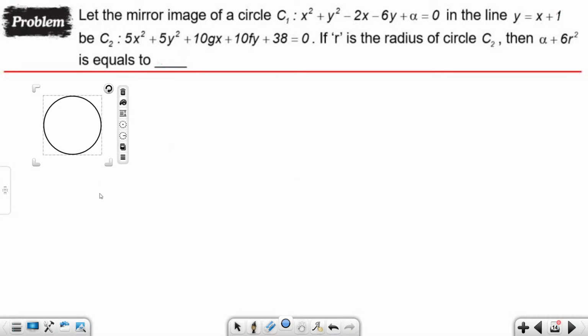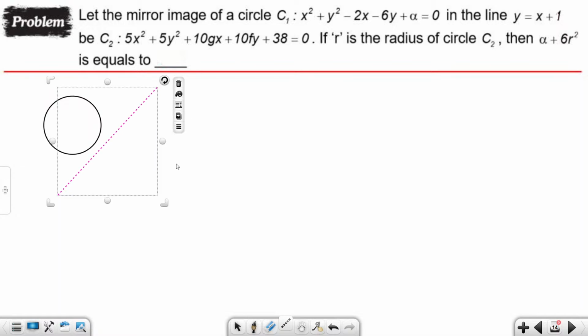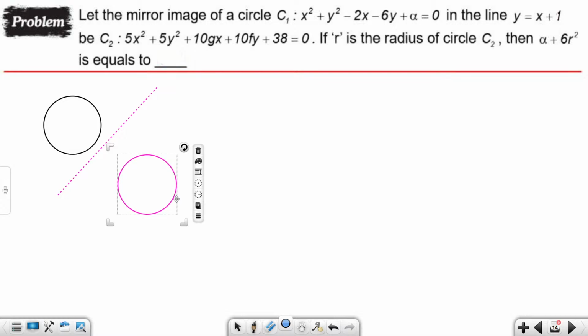Now I want to find out the image of this circle with respect to a line, given y is equals to x plus 1. So let us say the image of this circle will be somewhere here. This is the image of that circle.